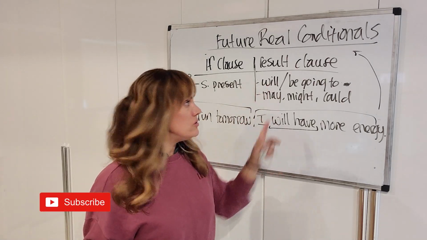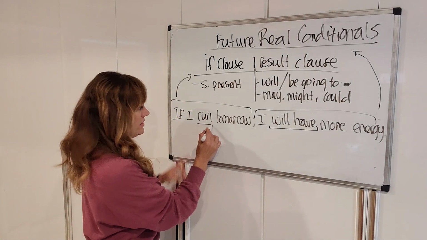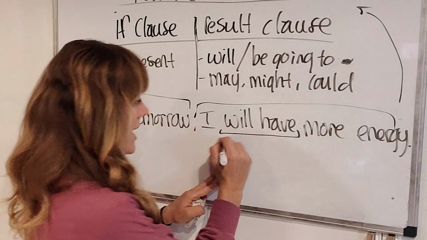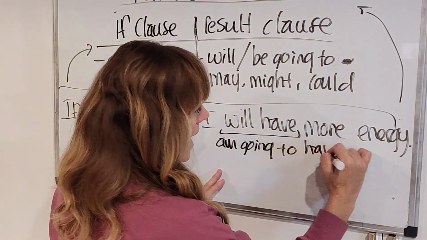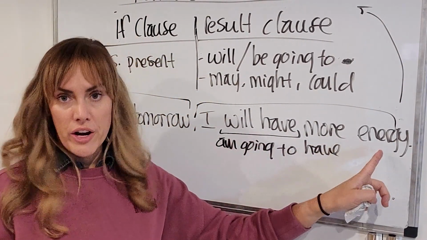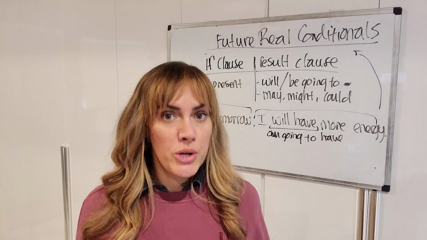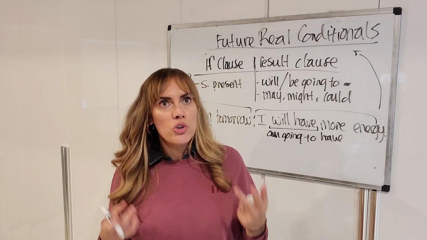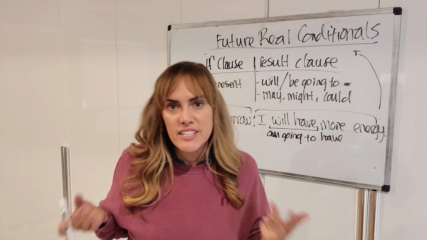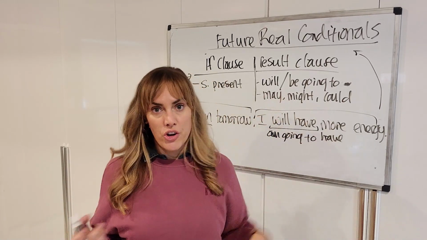I could also use be going to. If I run tomorrow, I am going to have more energy. When I say will or be going to, that means I'm pretty certain it's going to happen. But if I'm not so sure, I'm like 50% sure it's possible, I can use may, might, or could, any of them.